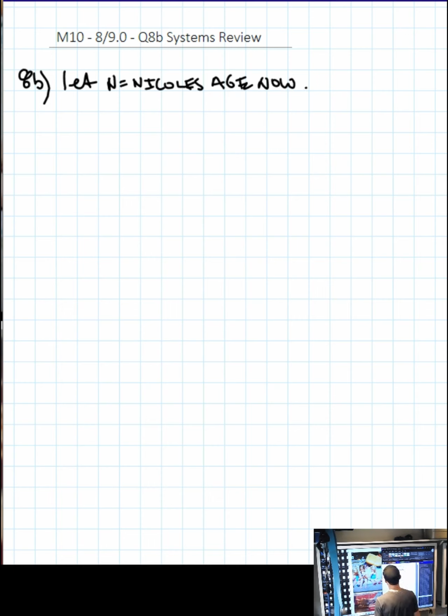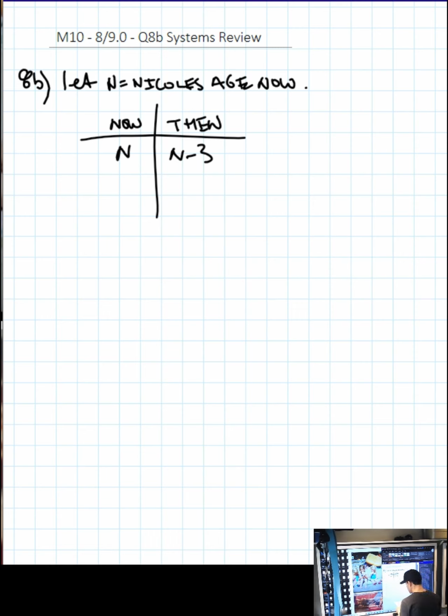Okay, so it's very helpful to make a now and then table. So now and then. Nicole now is N. Nicole then, so if Nicole were triple her age 3 years ago, then her age would be N minus 3. Easy enough.